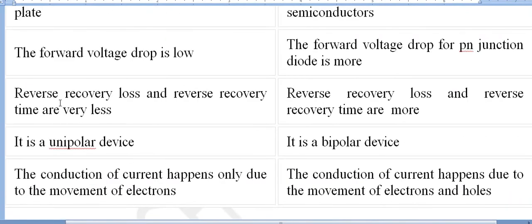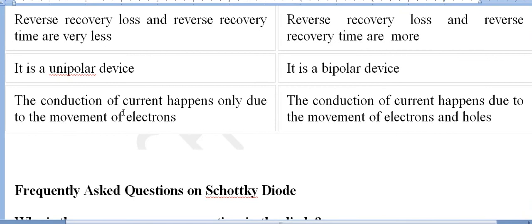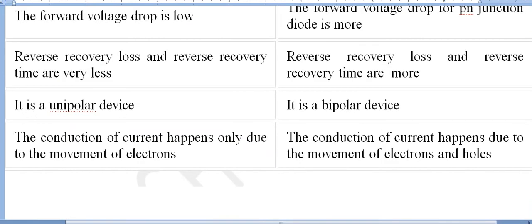The reverse recovery loss and reverse recovery time are very less in case of a Schottky diode, whereas in case of p-n junction diode, reverse recovery loss and reverse recovery time are more. In case of Schottky diode, we can say this is a unipolar device, but a simple p-n junction diode is a bipolar device.